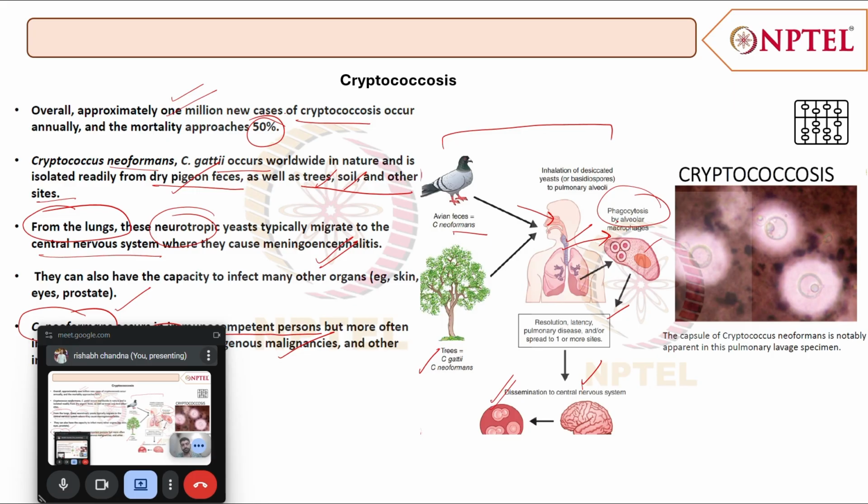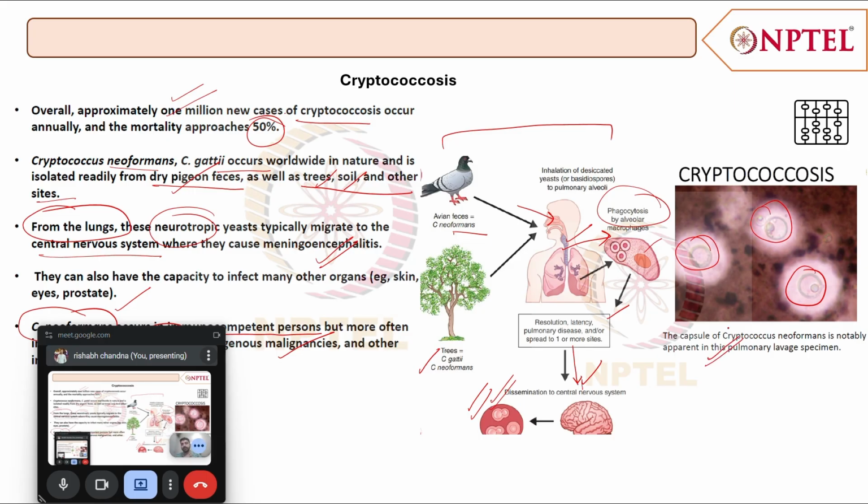Then from there they move to the CNS, where they cause encephalitis. Okay, so these are the capsules of the neoformans that can be seen in the pulmonary lavage specimen.